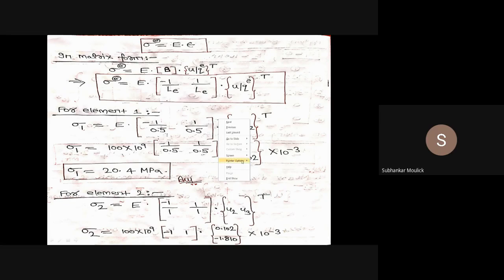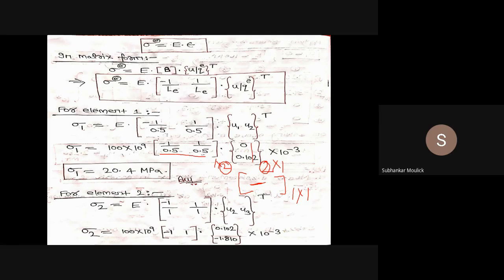Now if you see, this matrix is a 1 cross 2 matrix, that means 1 row and 2 columns. And this particular matrix is a 2 cross 1 matrix, that is 2 rows and 1 column. That means the multiplication of these two matrices will be a 1 cross 1 matrix. I have to multiply row with column, that will give this particular value.